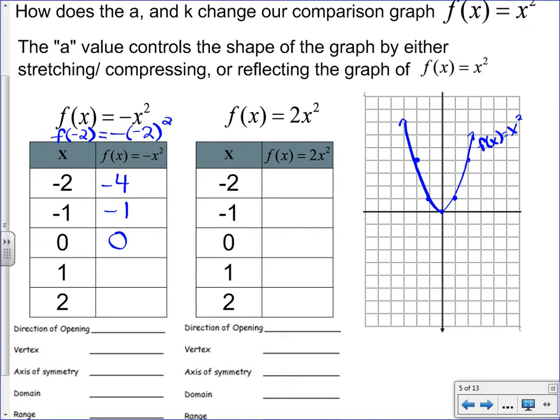Not 2, negative 1. If you did negative and then bracket negative 1 squared... Wait, why would you do a negative 1 squared in the bracket? I said negative bracket negative 1, but aren't we doing positive 1?